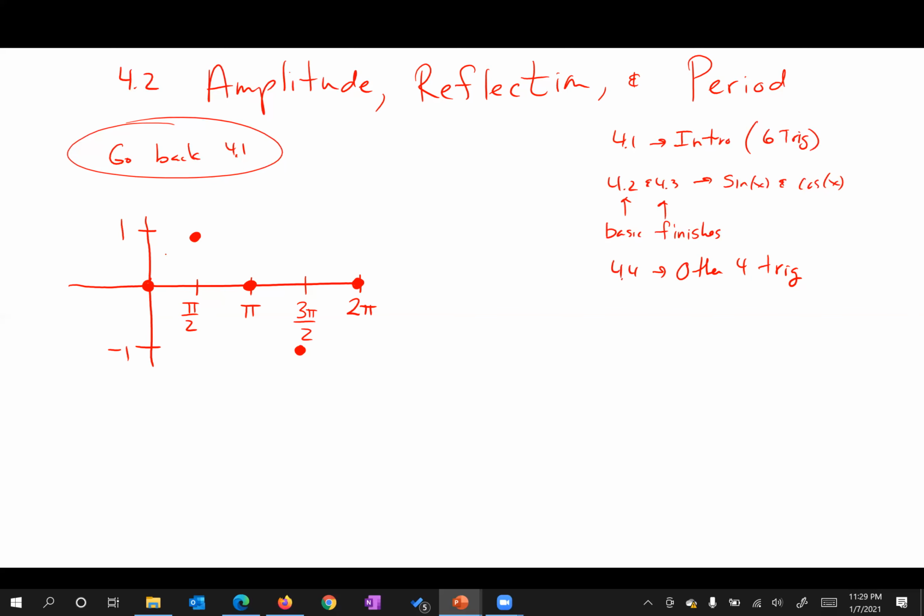And so the sine curve goes like this: starts off at 0, 0, goes up, goes down, and then comes right back up. Now, we also know it does keep on going, right? It keeps going in this direction and in this direction. So this is what we know about the sine curve. We also know that the sine curve is an odd function.